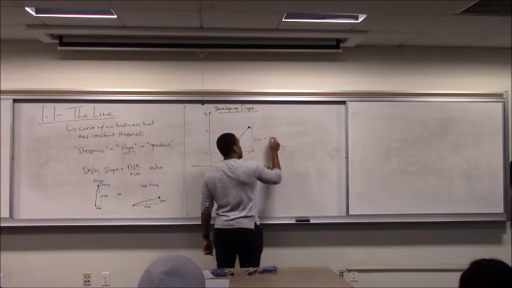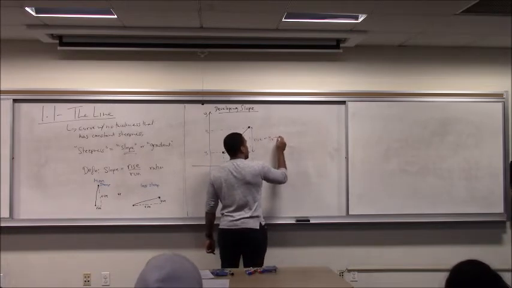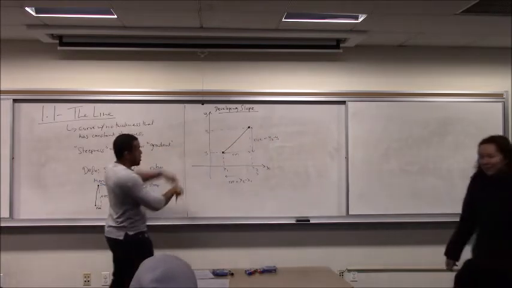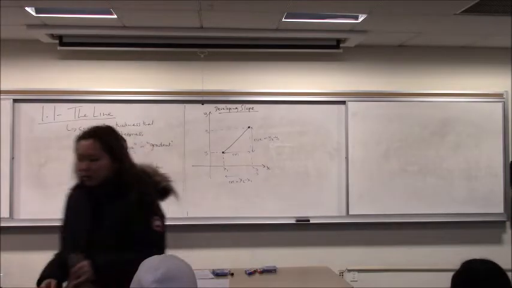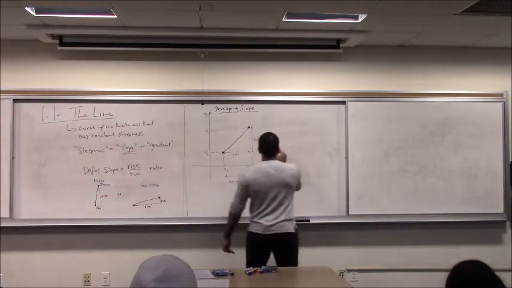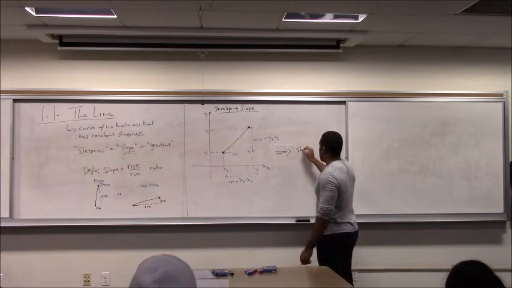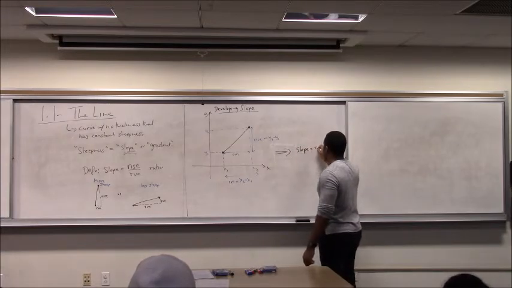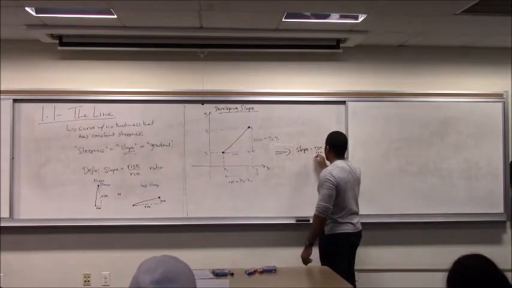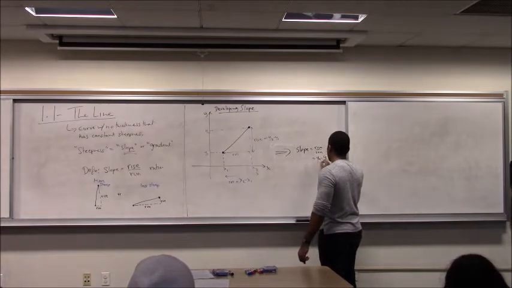Similarly, you would define the rise as y2 minus y1, because if you're measuring a vertical distance, you take the top number minus the bottom number. And this gives us the first equation for slope. That's going to be rise over run, which is going to be y2 minus y1 over x2 minus x1.